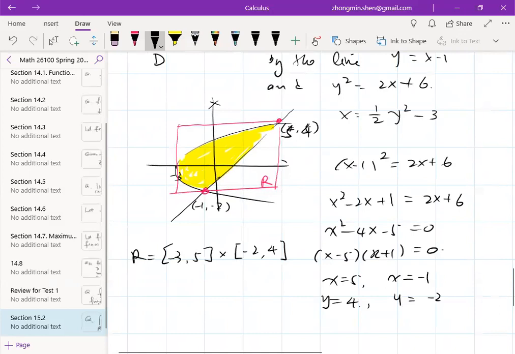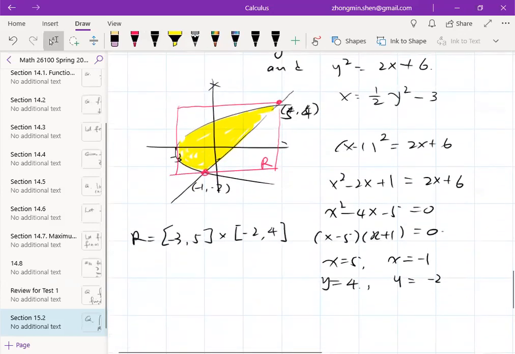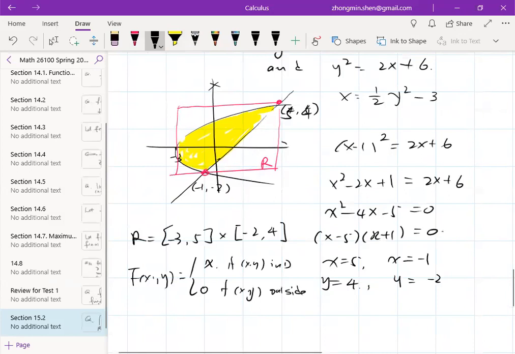It covers this irregular domain D. Then your function, capital F of x, is going to be still x if (x, y) is in D, and 0 if (x, y) is outside D.